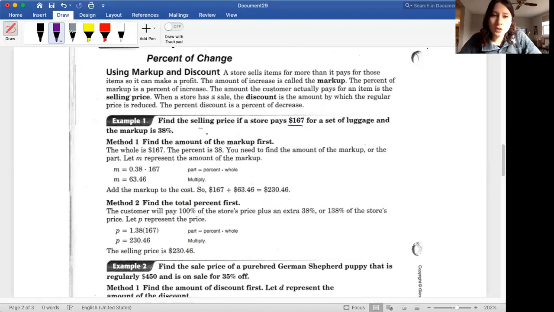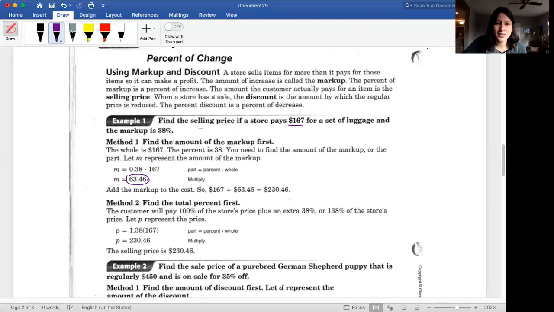So what we have to do first is find the amount of the markup. So we are going to find 38% of 167. You can find the percent of something by turning it into a decimal and multiplying it. And so when we multiply 0.38 times 167, the amount is $63.46.